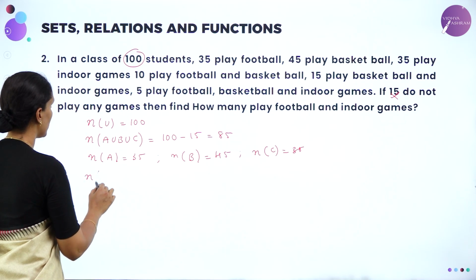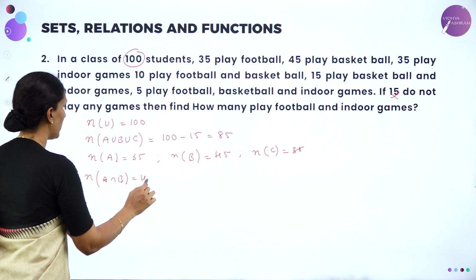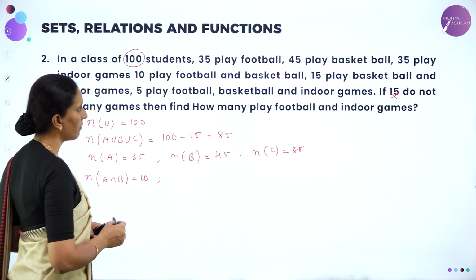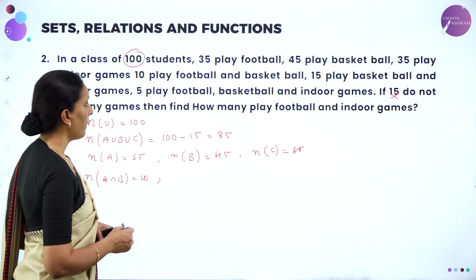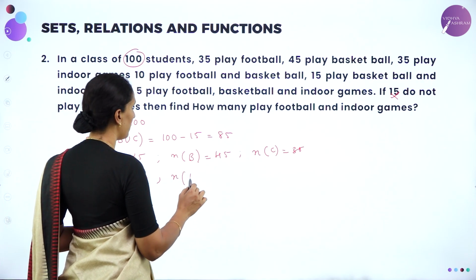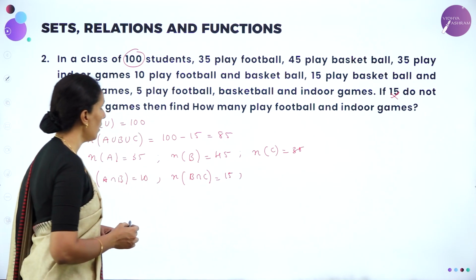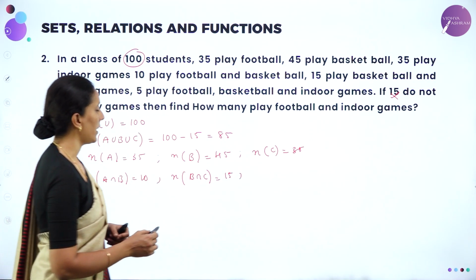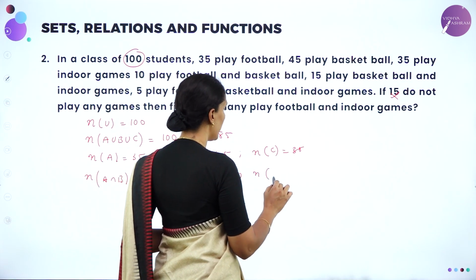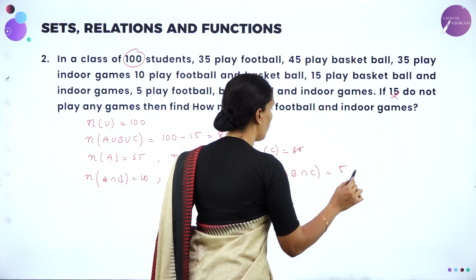That is A intersection B, which is equal to 10. Next, they have given 15 play basketball and indoor games. That is n of B intersection C, 15. 5 play all 3 games. That is n of A intersection B intersection C, that is equal to 5.